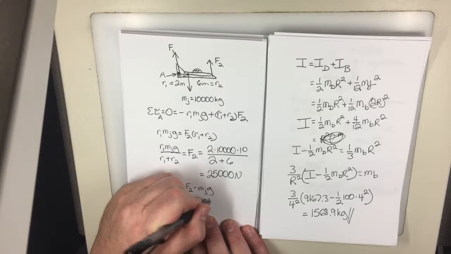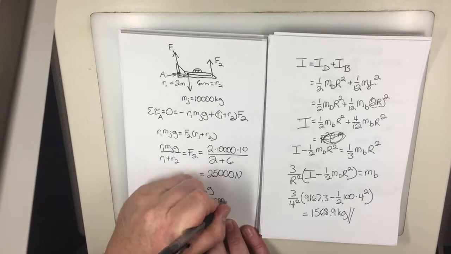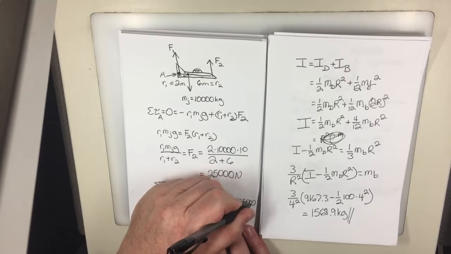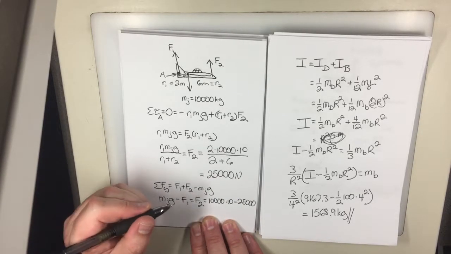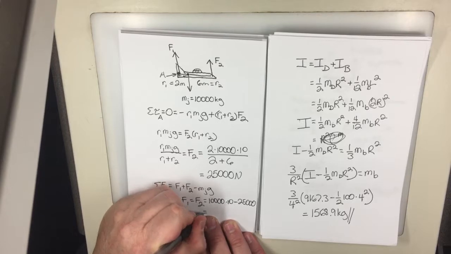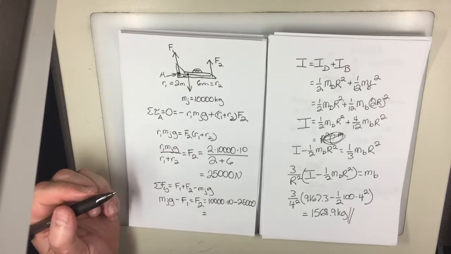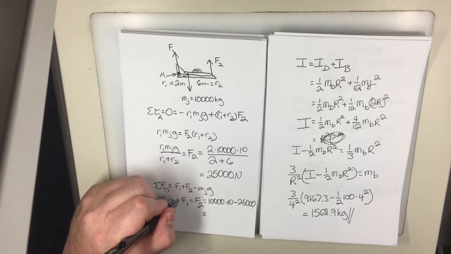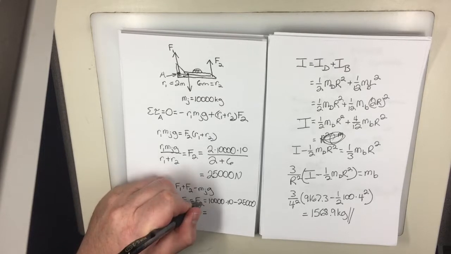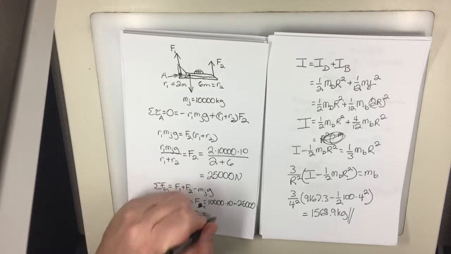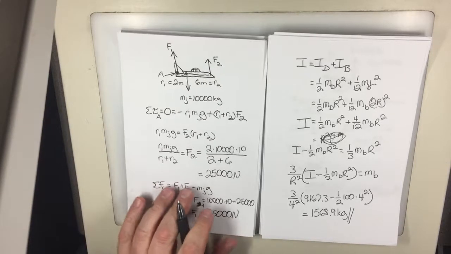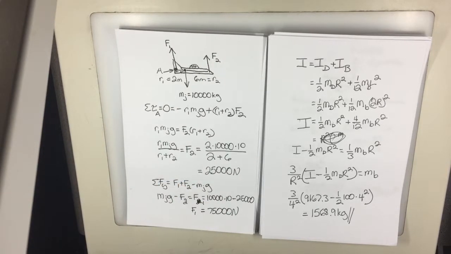So that is 10,000 times 10 minus 25,000, and that means that F2, or I'm sorry, whoa, I got everything bunched up. Oh, that's a 2, that's a 1, so F1 is 75,000 newtons. And so that's the Harrier jet problem.